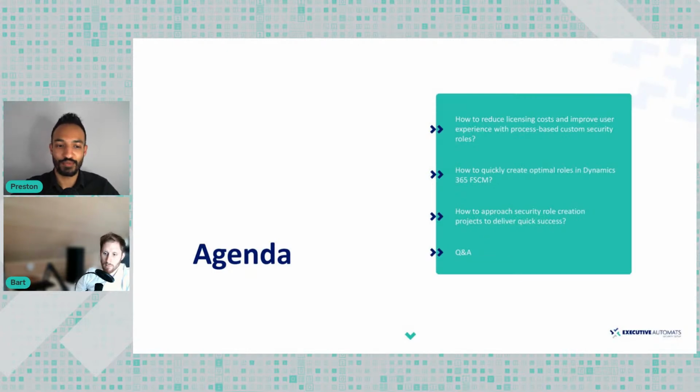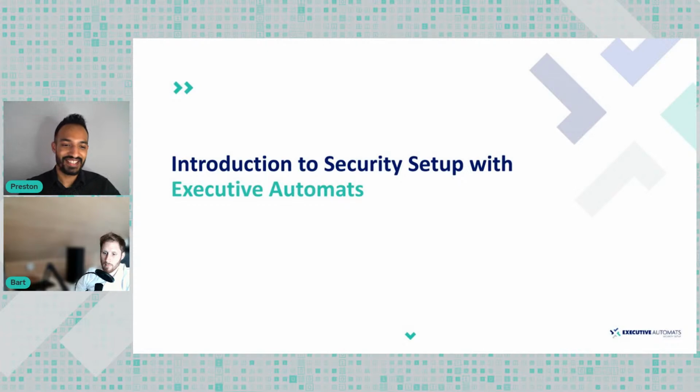And of course, we're going to look at how to approach security role creation projects to deliver quick success. And last but not least, we're going to have a QA session. That's going to be very exciting. We're looking forward to your questions there.